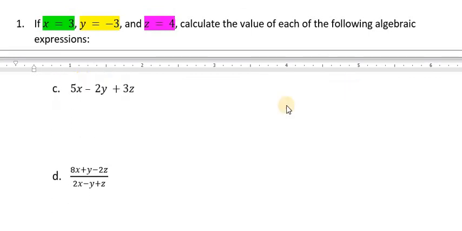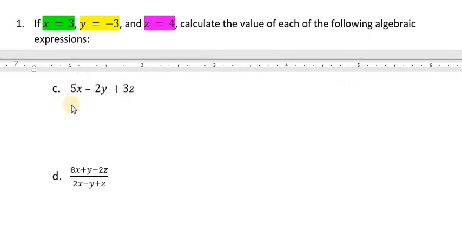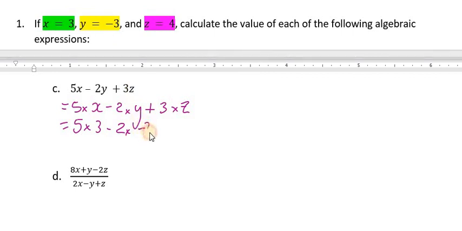All right, part C, we are saying 5 times a number x, whatever that number is, minus 2 times another number y, plus 3 times a third number z. It's saying 5 times 3 minus 2 times negative 3 plus 3 times 4.